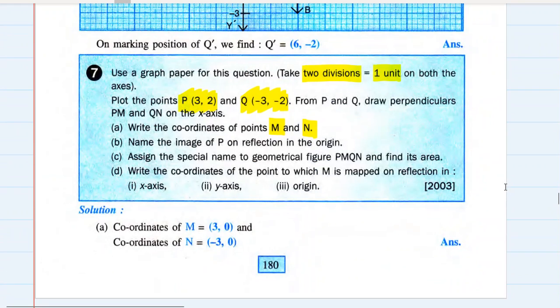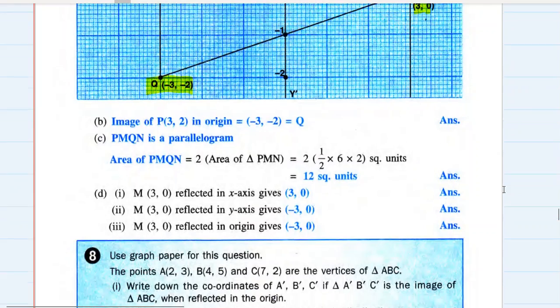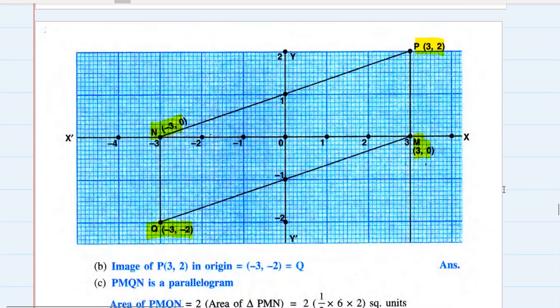And find its area. Okay, so area is basically length into breadth, or altitude on one of the sides multiplied by the base. Now see, I can easily say that this is 90 degrees. So this MN is an altitude.